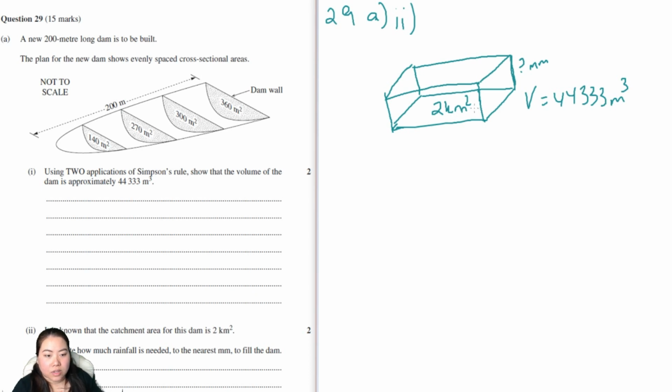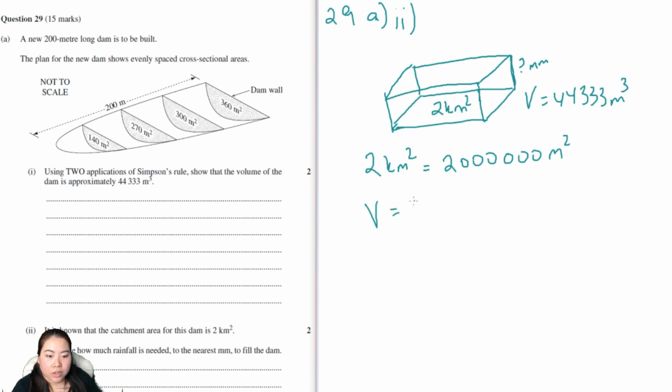First of all, I don't like the disparity of units. There's meters, there's kilometers, and then there's millimeters. So I'm going to change this square kilometers to square meters to begin with. 2 square kilometers is the same as 2 million square meters.